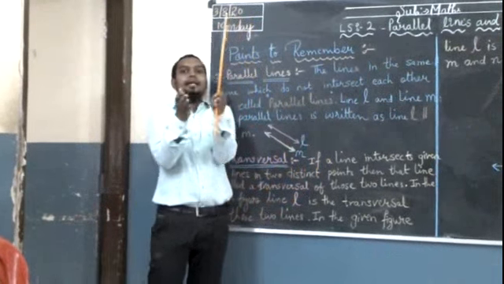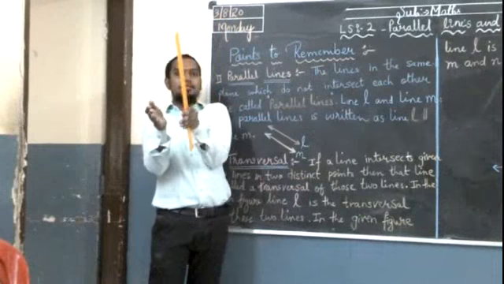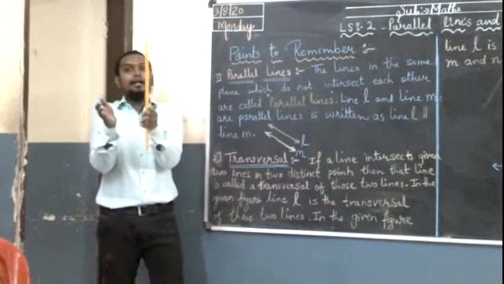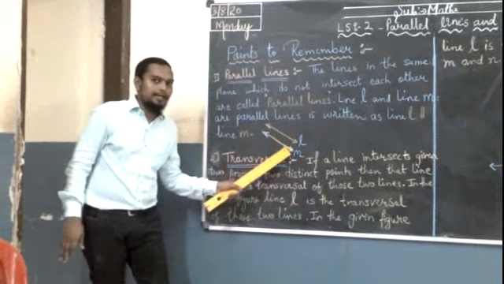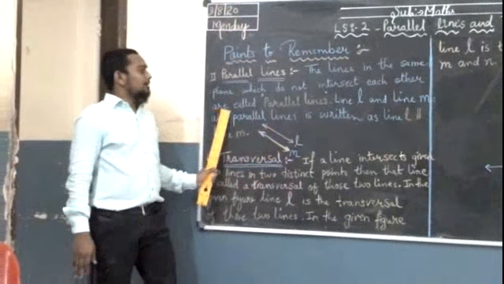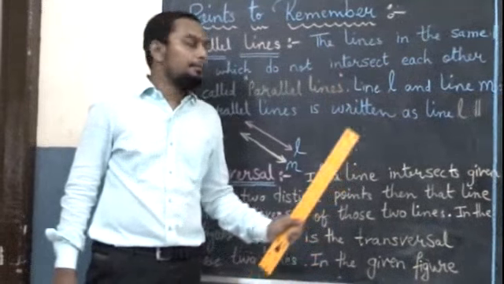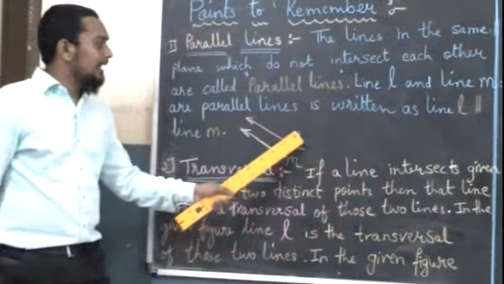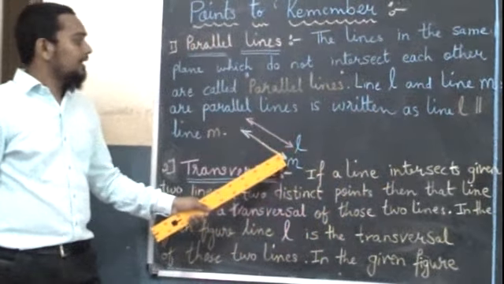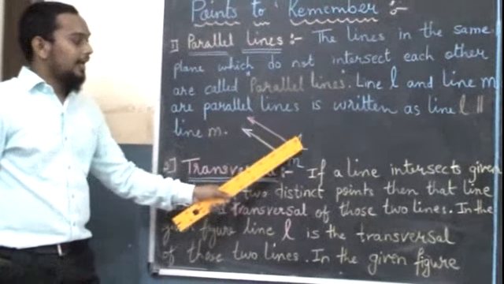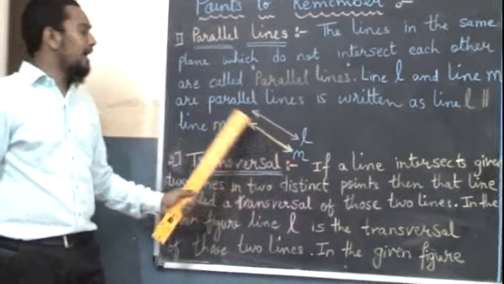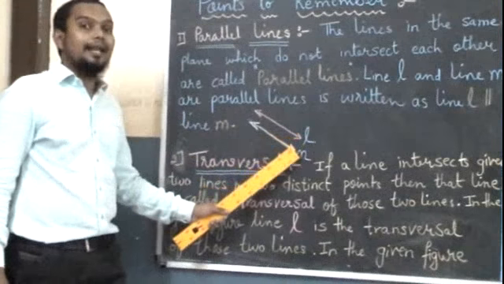Both lines do not intersect each other. Line L and line M are called parallel lines.